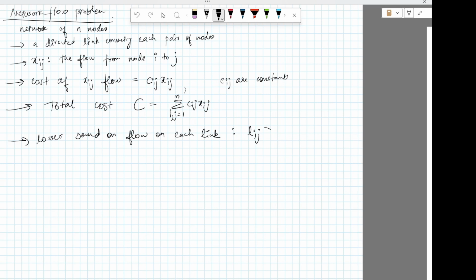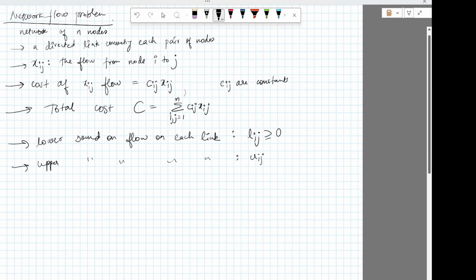Okay, this lij is greater than or equal to 0, and an upper bound, that is uij. This should be greater than or equal to lij. You can't have more than uij.